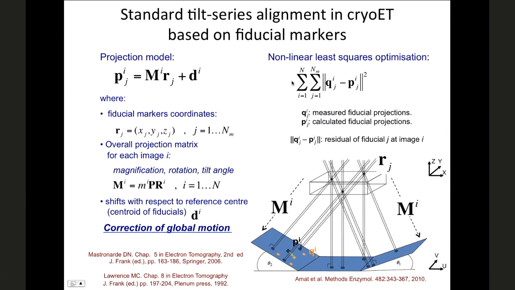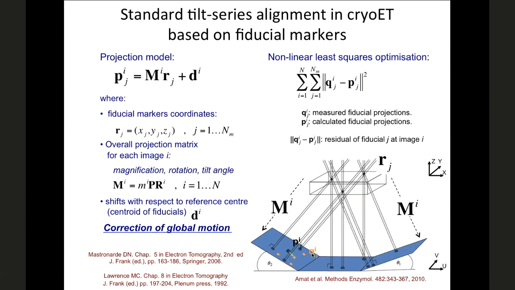This is the sum of the squared residuals, where the residual is the difference between the expected projected position according to the standard projection model and the experimental one. In short, we try to determine the fiducial coordinates and the basic image parameters that best fit the experimental positions of the fiducials in the images.